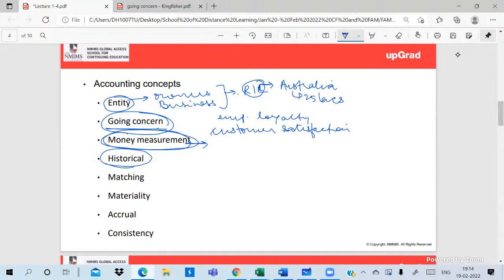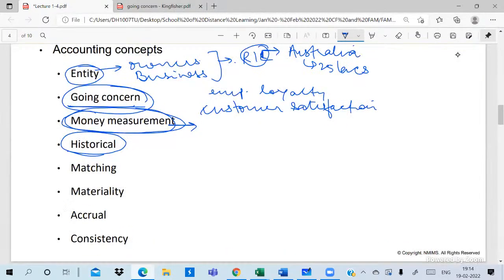Let's look at the next one, which is historical cost concept. Any idea what's a historical cost concept? Anyone can throw some light on what do you mean by historical cost concept?